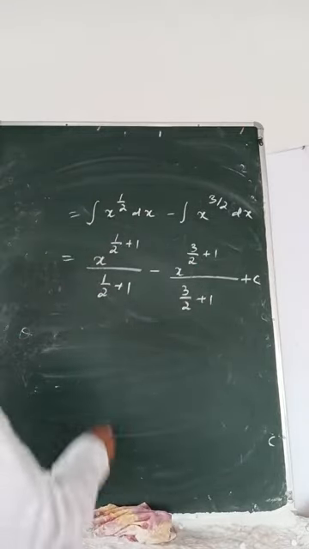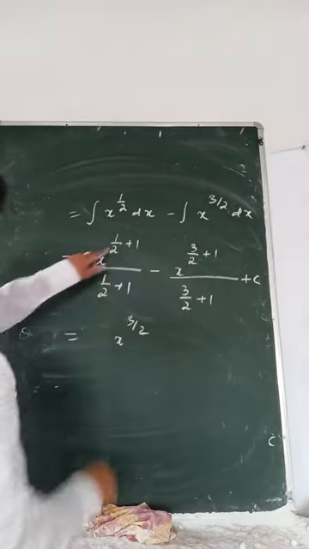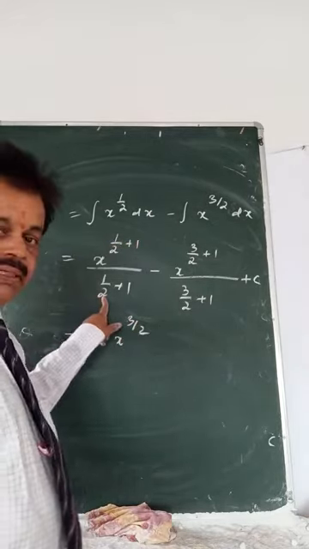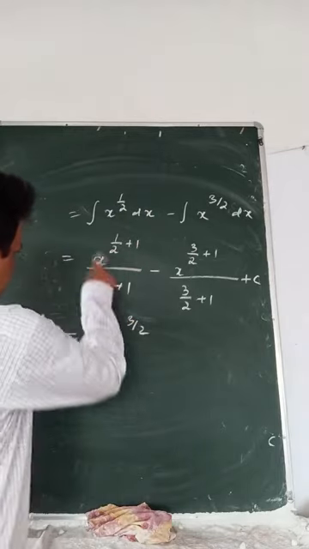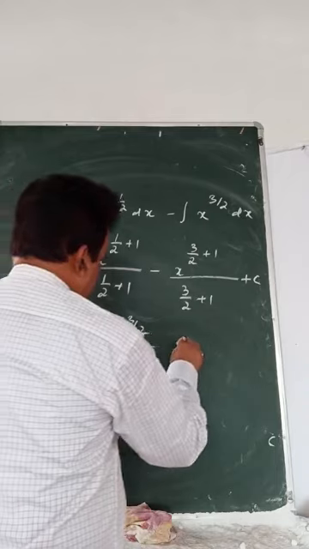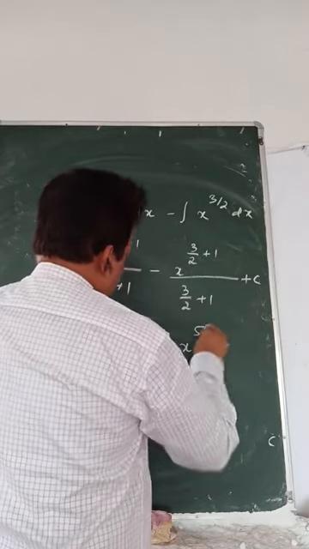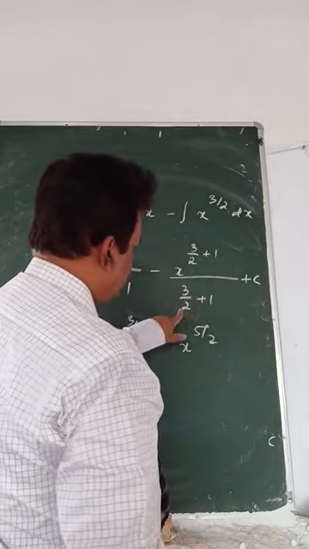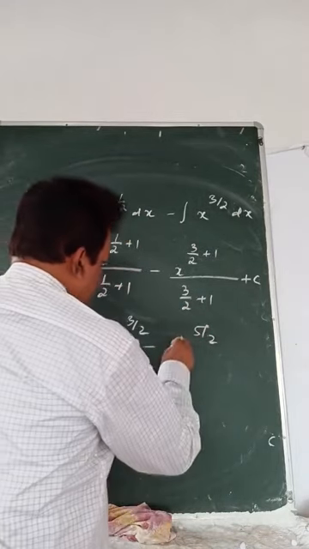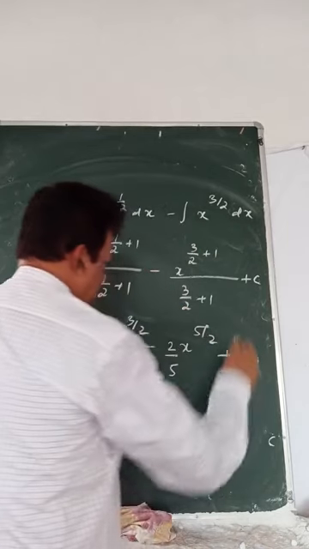So you will get x to the power 3 by 2, half plus 1. This also will be 3 by 2, but as a reciprocal it will be 2 by 3. So minus x to the power, 3 plus 2, 5 by 2. This is also 5 by 2, but it will be reciprocal. Plus a constant.